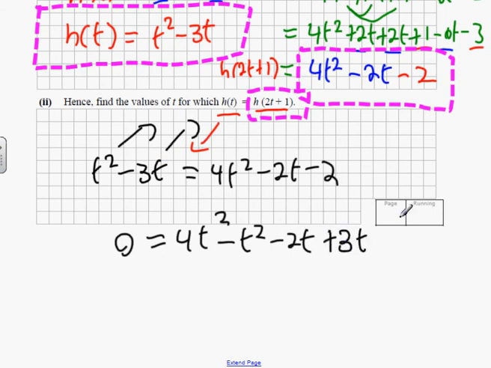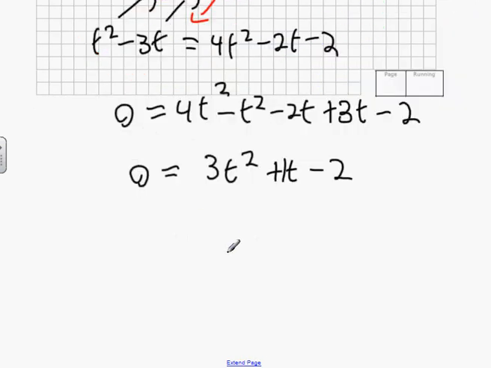Well, the 2 is already over, so it's staying where it was. 0 equals 4t squared minus t squared, 3t squared, minus 2t plus 3t, plus t, and then finally minus 2. What do we do with the 0? Can anybody tell me?